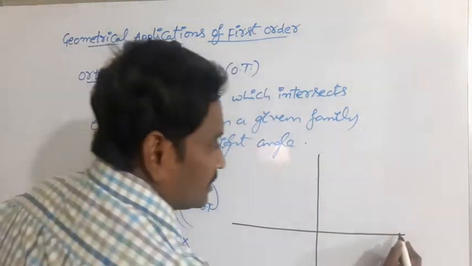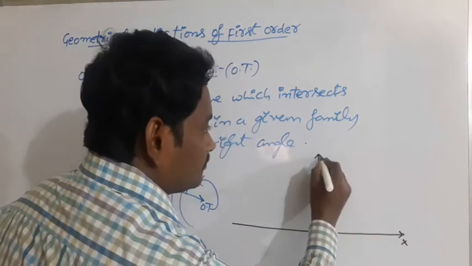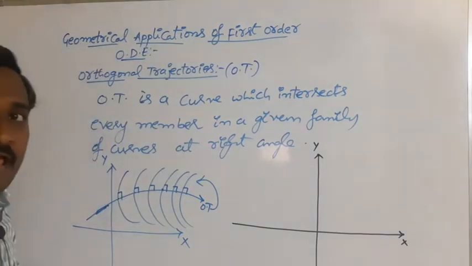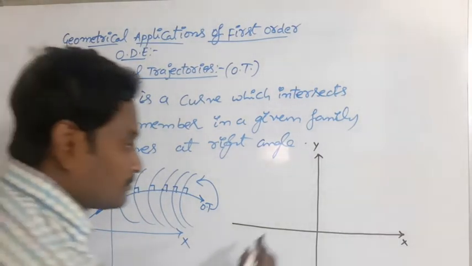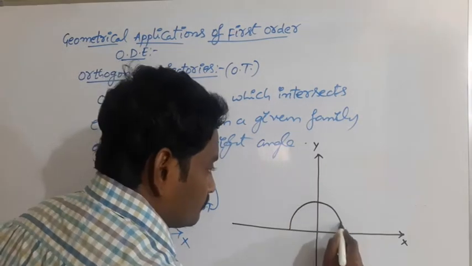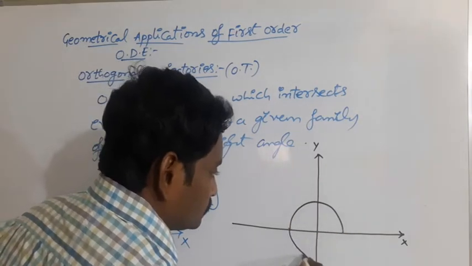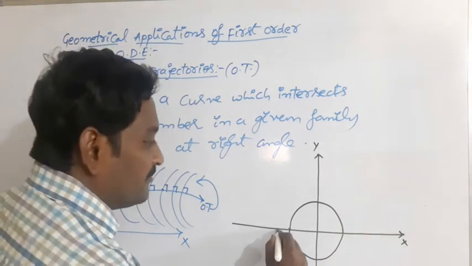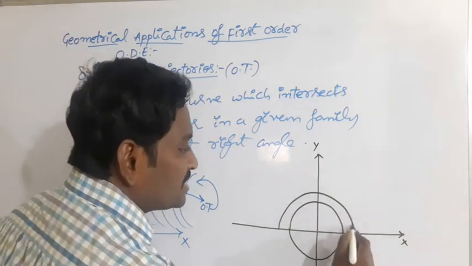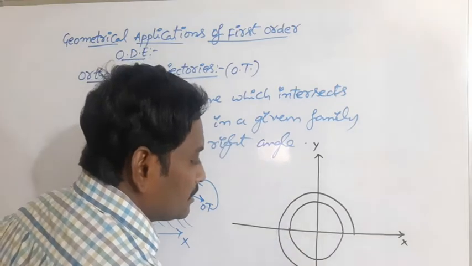Already you know that this is the coordinate system. I will take a circle centered at the origin with some radius. I will take another concentric circle. What is meant by concentric circle?